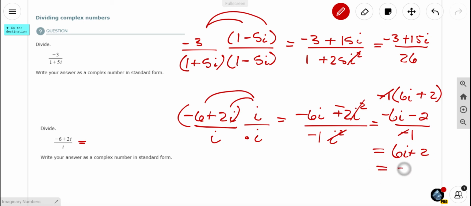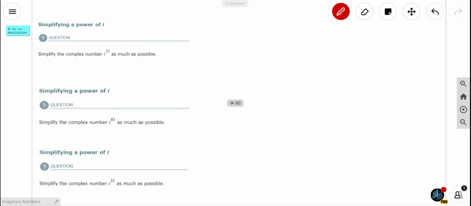Or really 2 plus 6i. We usually put the real piece first, okay? All right, that's the final answer. Yes, whenever you're dividing by -1, it'll just change all the signs. All right, next one. That was the hardest thing.